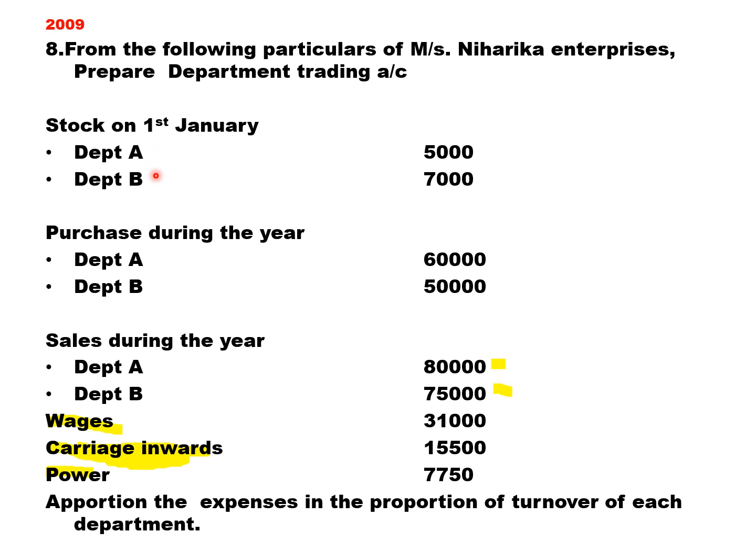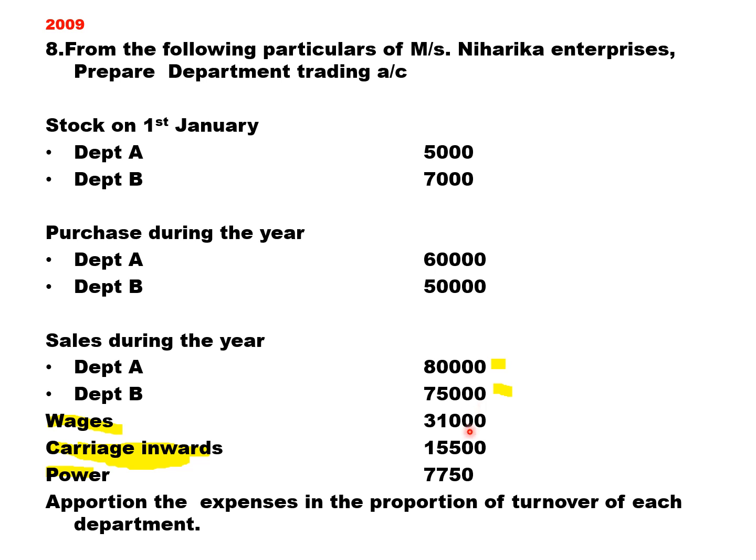No need to distribute the opening stock, they have given it separately for A and B. Purchases during the year: Department A 60,000, Department B 50,000. So the question of distribution will not arise. Sales during the year: A 80,000 and B 75,000. So the distribution will not arise.